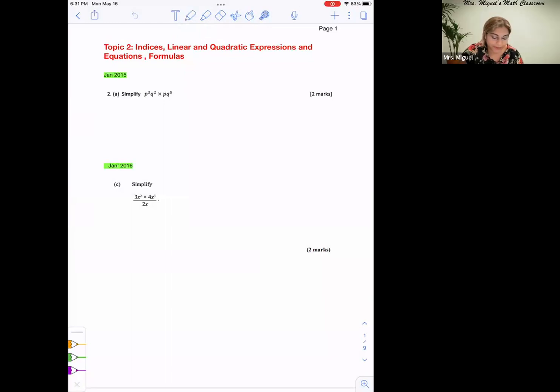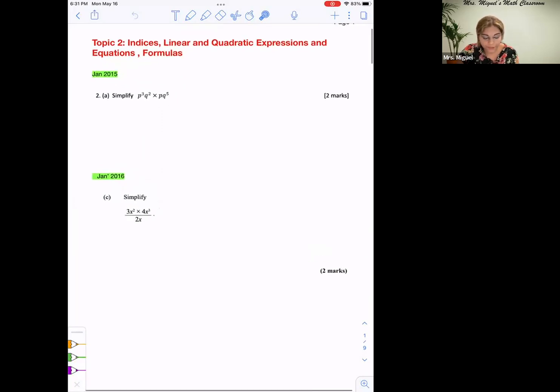So we are trying to look at topic 2 of the syllabus and of the broad topics. Now, they mentioned that they are bringing indices, linear, quadratic expressions, equations, and formulas. So that is exactly what we are going to do.